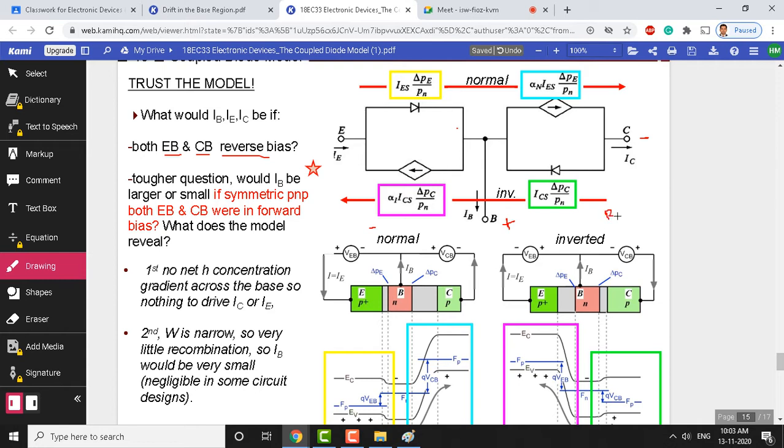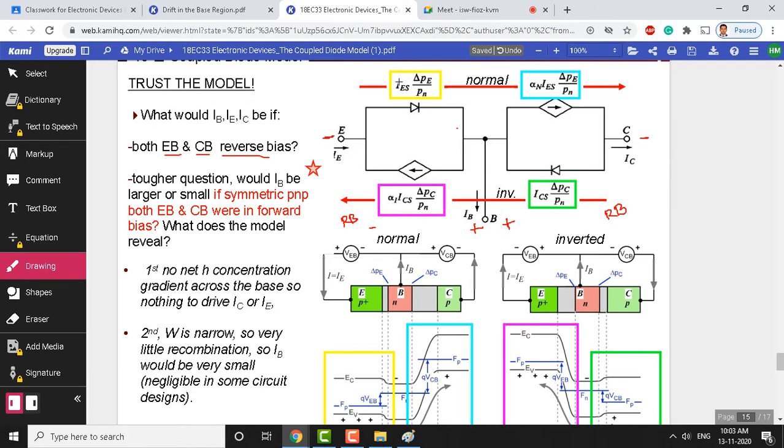And you can see the emitter base junction is also reverse biased. So let me apply the negative terminal here, since it is a P plus NP transistor, and again positive here. So even this is going to be reverse biased.